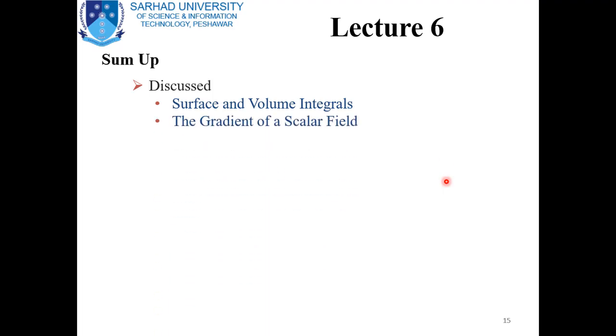So let's sum up lecture number 6. We have discussed the integral calculus, that is, we have presented some examples on the surface and volume integrals, and then we have studied the gradient of a scalar function, in which we have calculated the maximum rate of variation of a scalar quantity in a specific direction, and we have also discussed the divergence and the divergence theorem.